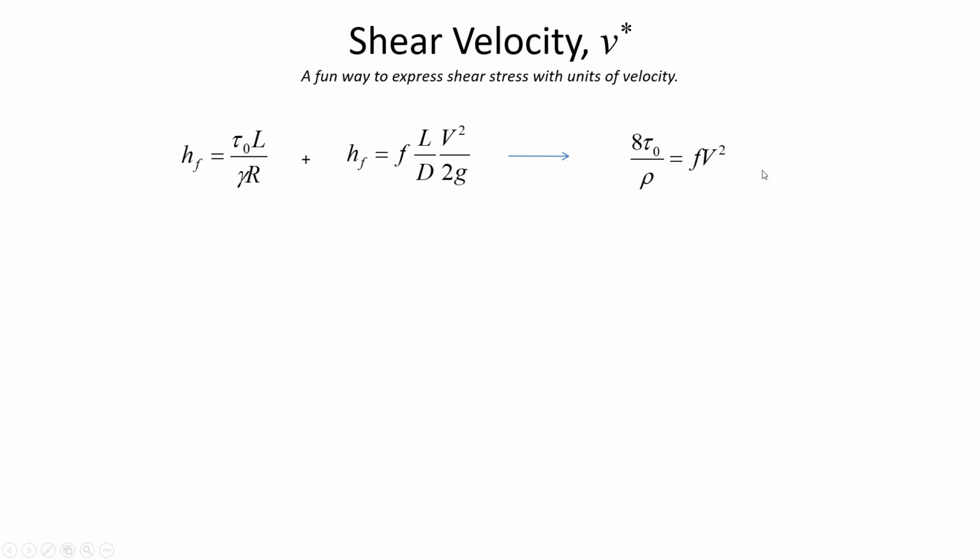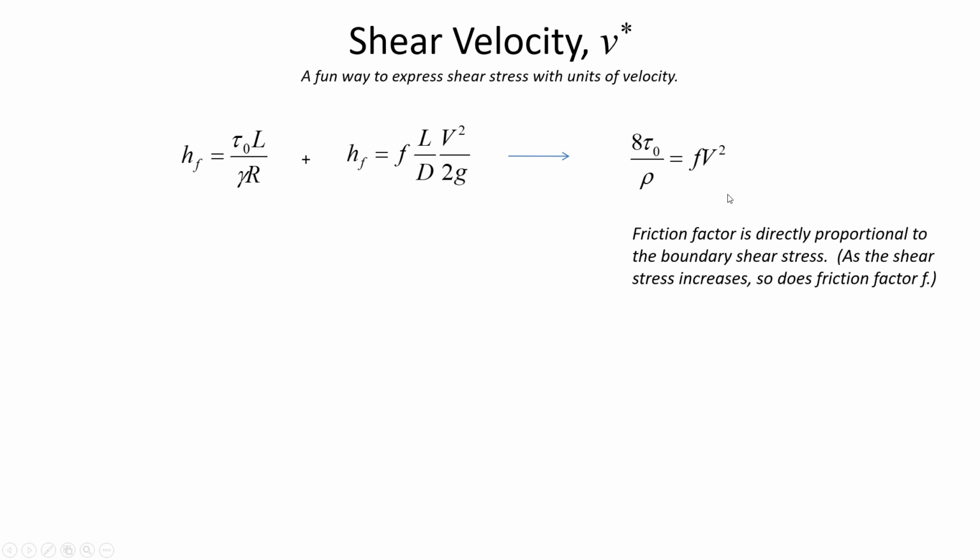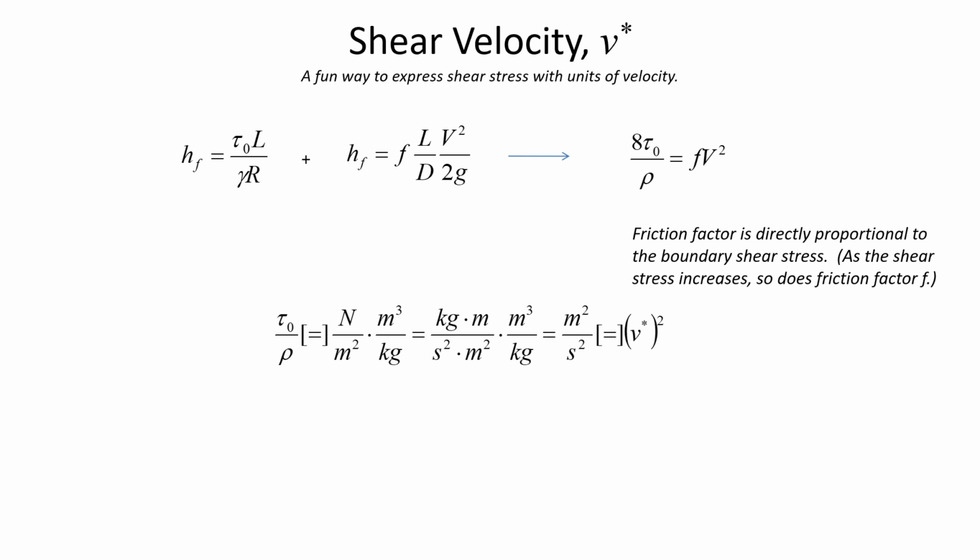So there's this relationship where we end up with velocity on the right-hand side of the equation, and if we further rearrange things and look at the units, shear stress is newtons per meter squared, and density is kilograms per cubic meter, but being in the denominator, we multiply by meters cubed divided by kilograms.